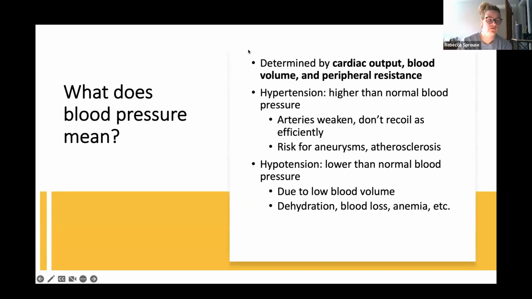So what does that all mean, right? What is blood pressure? It's determined by cardiac output. Cardiac output is a measure of how much blood is being pumped out of your heart per beat, multiplied by beats per minute. So let me just write that down for you.